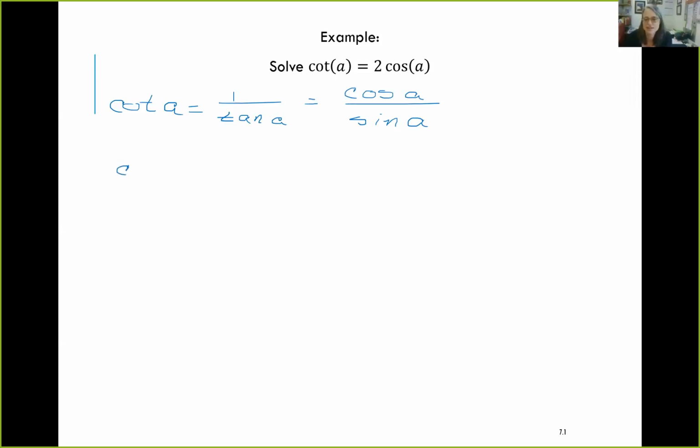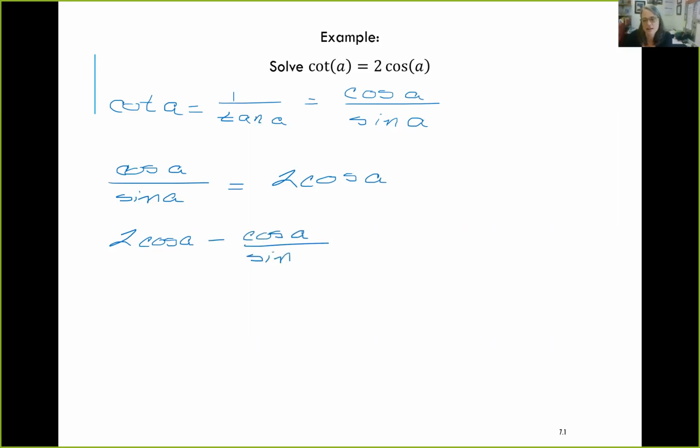So that means I've got cosine of A over sine of A equals 2 cosine of A. Ooh, let's pull everything to one side. So I've got 2 cosine A minus cosine A over sine A. Yep.